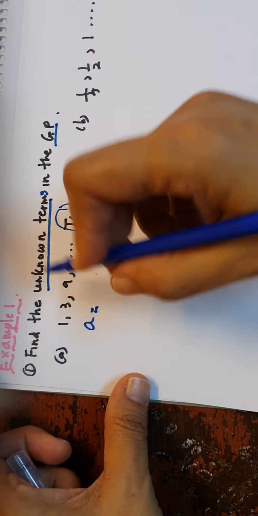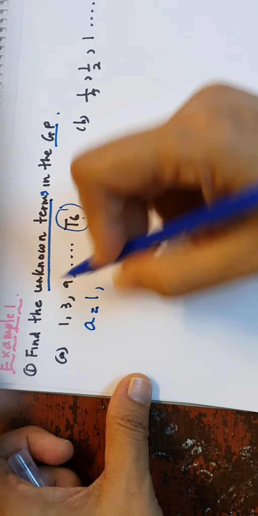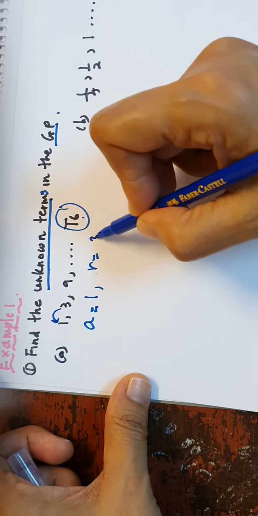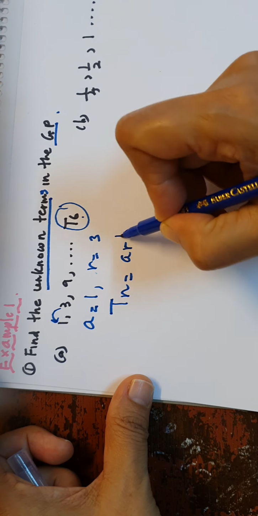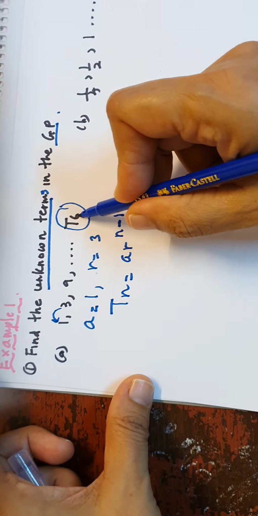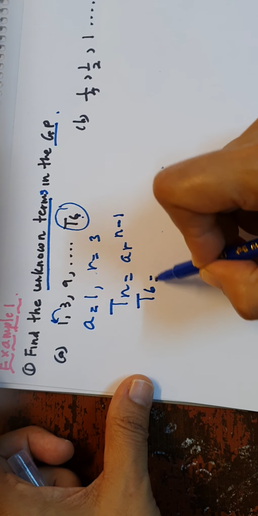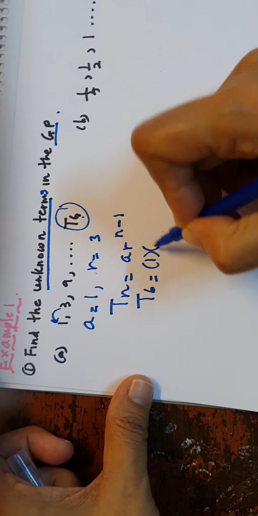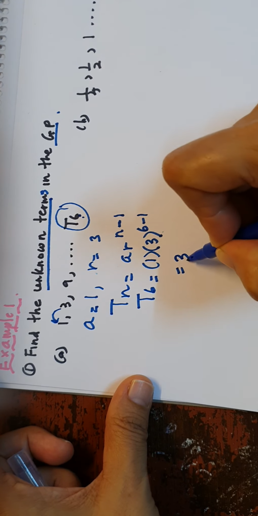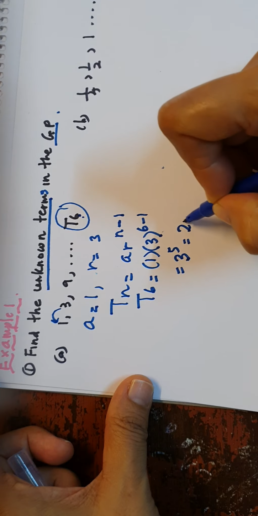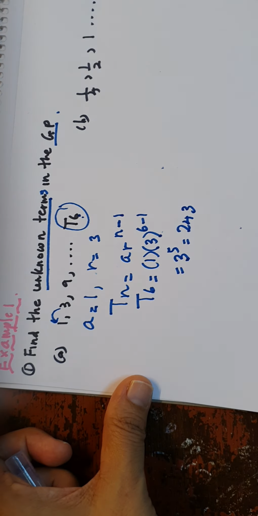Whatever you do, identify your A first. Identify my R, second over the first, so it equals 3. I write down my formula, Tn equals ARN minus 1. I want to find T6, so T6 equals 1 times 3 to the power of 6 minus 1, so I have 3 to the power of 5. So it should be 243. Okay, use your calculator and check.